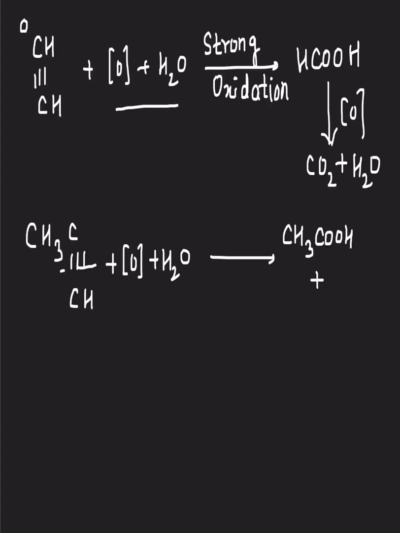CH3COOH plus, of course, the terminal carbon will get oxidized to carbon dioxide and water. So this particular reaction can help us to determine if it is a terminal alkyne or not, because you're getting carbon dioxide gas which will bubble out of the solution. Interesting, right?